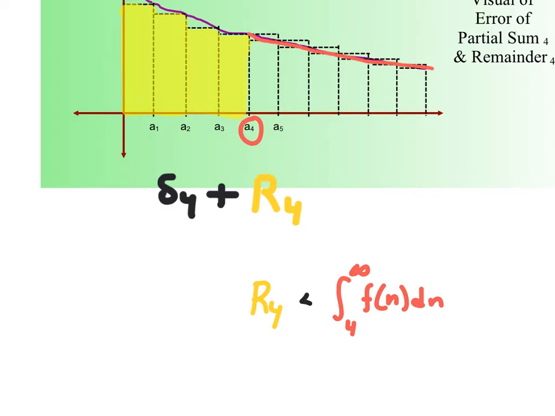Okay, now I'm going to take this and hopefully give you a good visual of what I'm talking about here. But an underestimate of that error, so we can kind of trap that, is going to be the integral from 5 to infinity of that function dn. Let me show you the representation there.